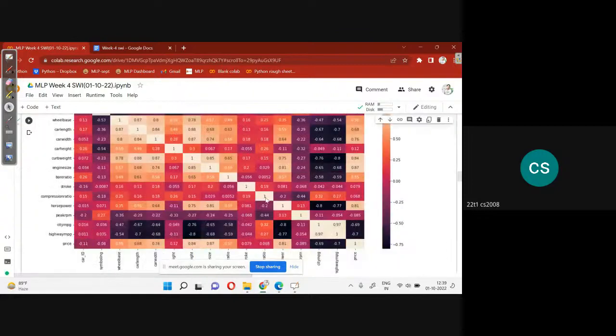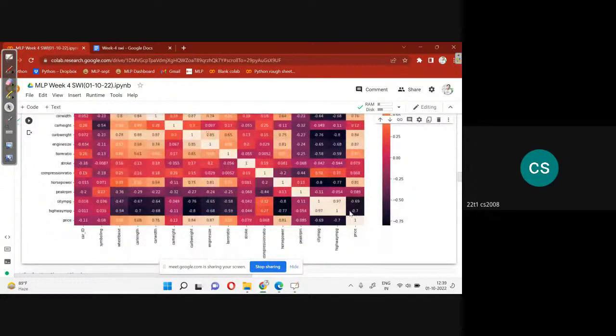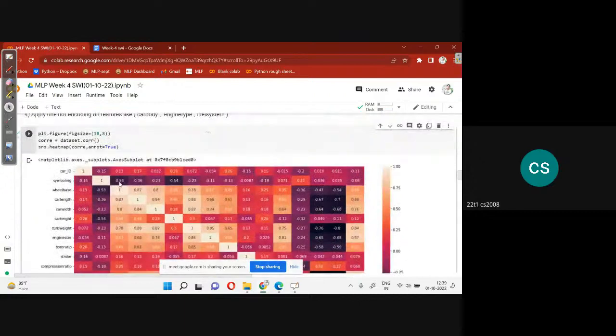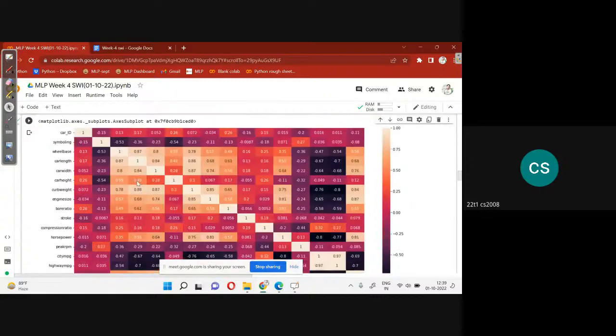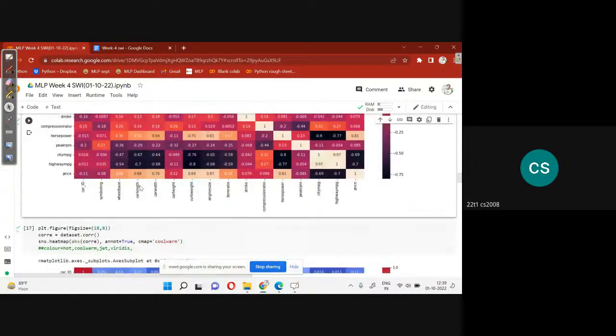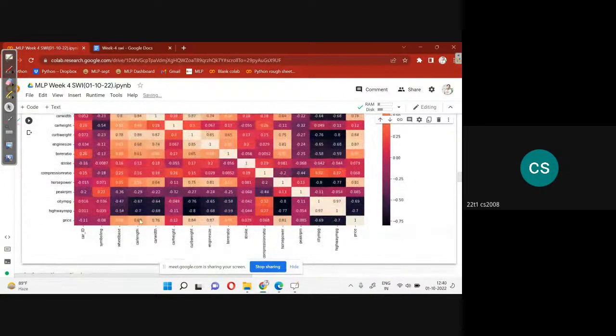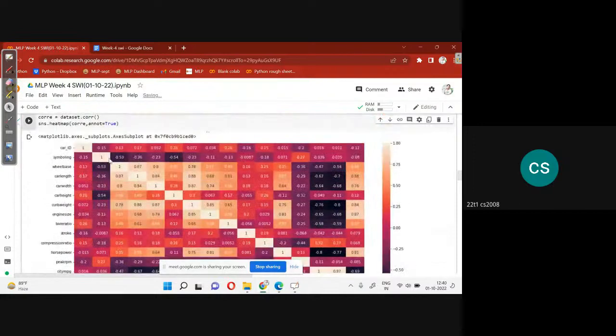See here, the negative values, minus 0.50 and minus 0.4. It simply means that symboling is negatively correlated with car length. So if car length is high, the car is safe, something like that we can comment from here, because it has negative correlation.